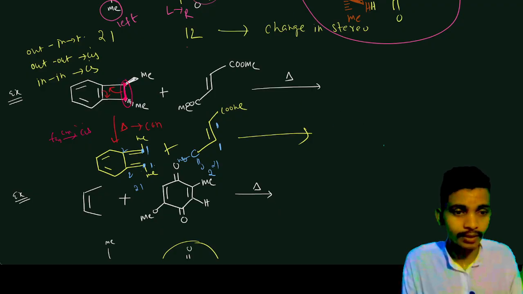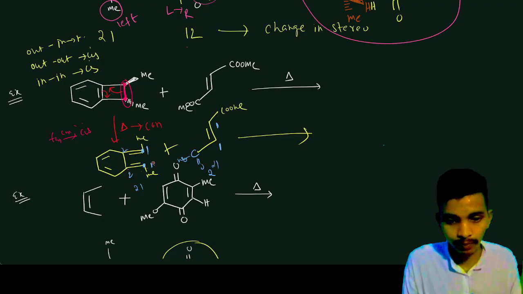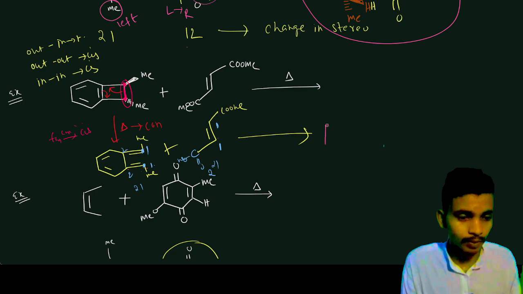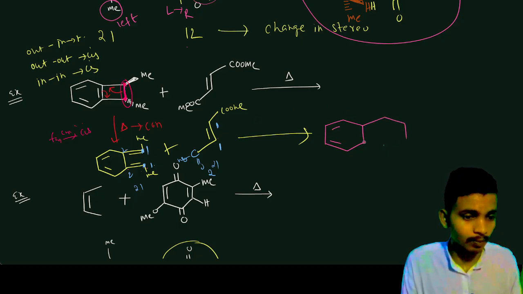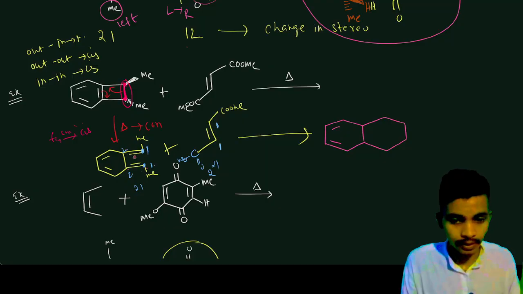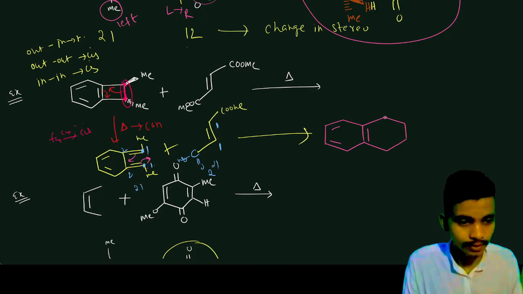So the product will be, 1 2 3 4 5 6, a 6-member ring will form. One is already a 6-member ring, then here again a 6-member ring will form. And this is going to shift here and this is going to make the bond. It means that here it comes here, the 6-member ring is there.